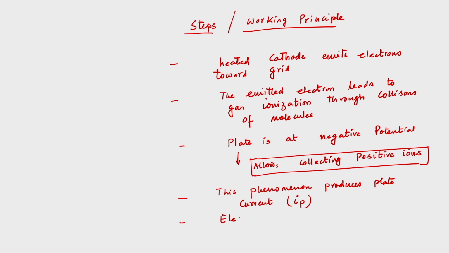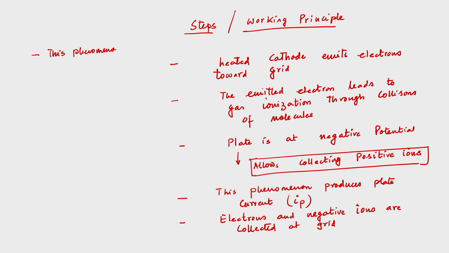So, I am writing that the electrons which are emitted and negative ions are collected at grid, and this phenomenon also produces grid current, Ig.